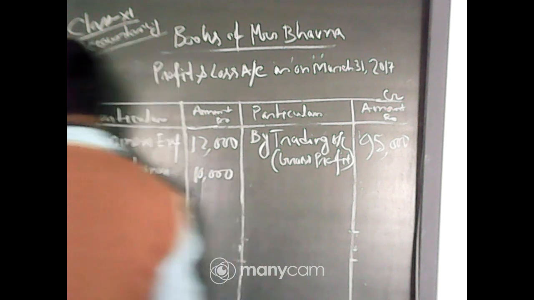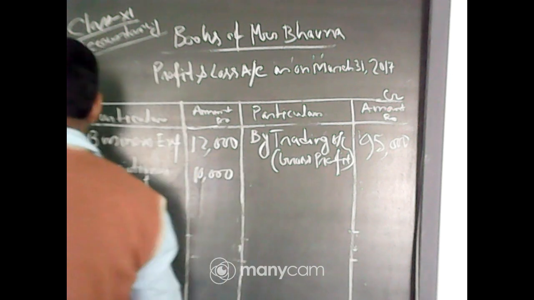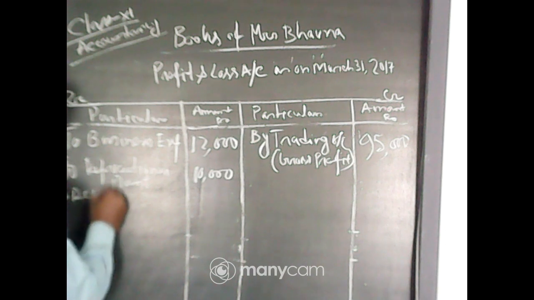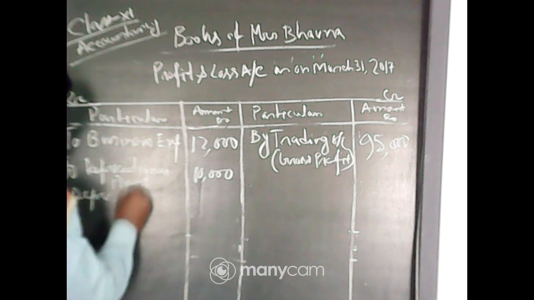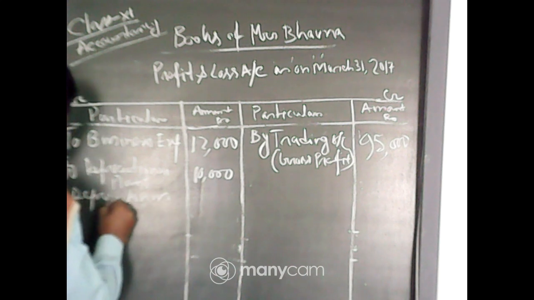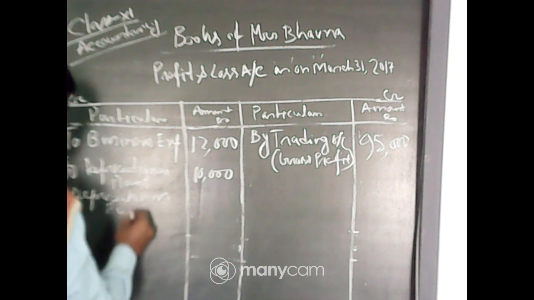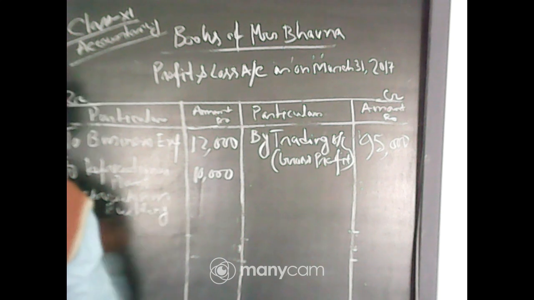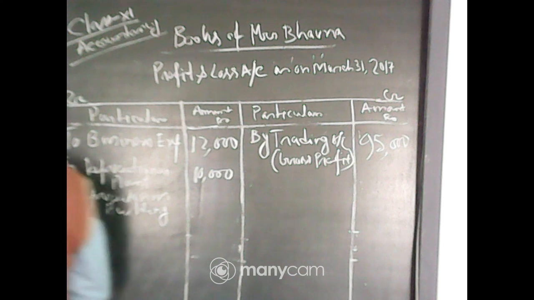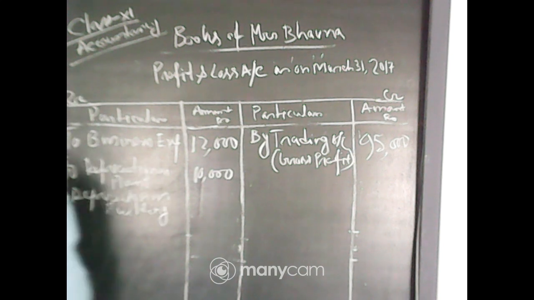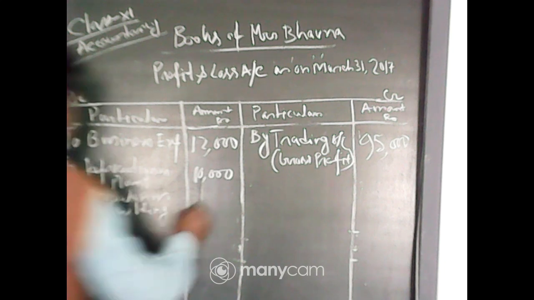Next is depreciation on building. What is the closing balance of land and building? That is 2,50,000. So if depreciation is 10%, that is 25,000.